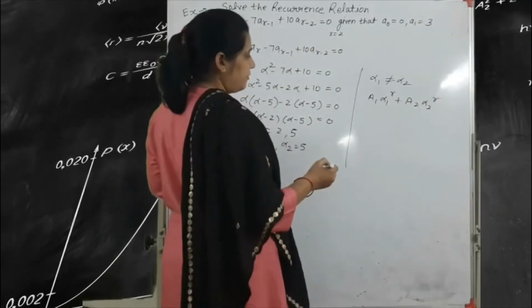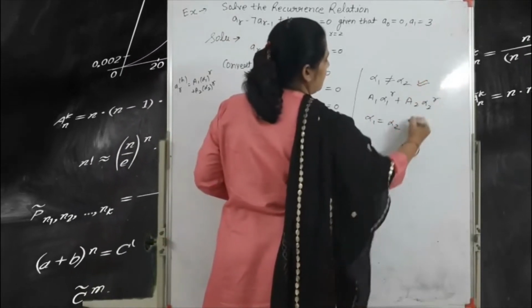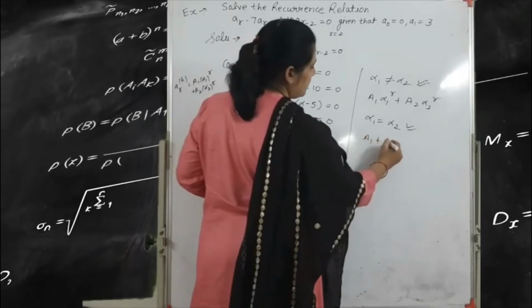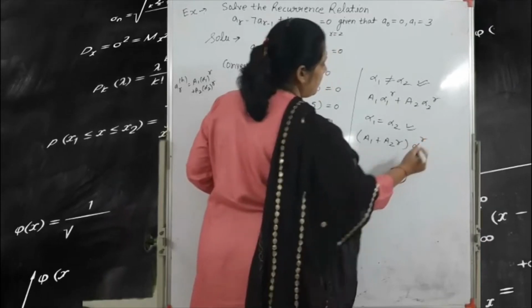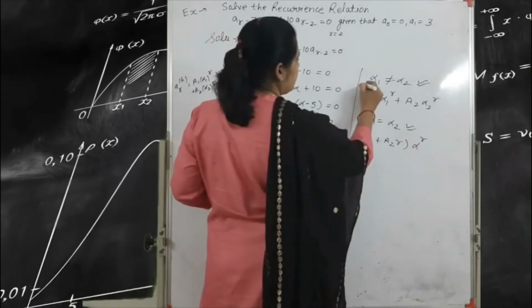And if alpha 1 is equal to alpha 2, then we write (A1 plus A2 r) alpha to the power r. This is the way of the complementary function.